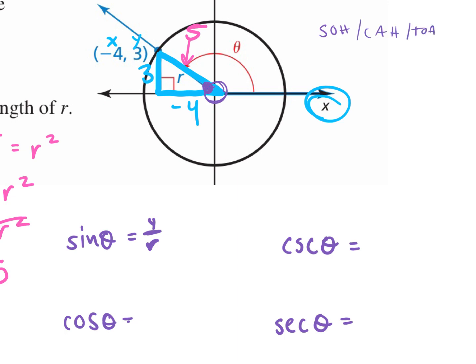Opposite over hypotenuse. So which would make sense because y is 3 and r is 5. So you could just use your SOHCAHTOA to help figure out your 6 trig functions once you have your triangle. So what would sine of theta be? Which is 3 over 5.